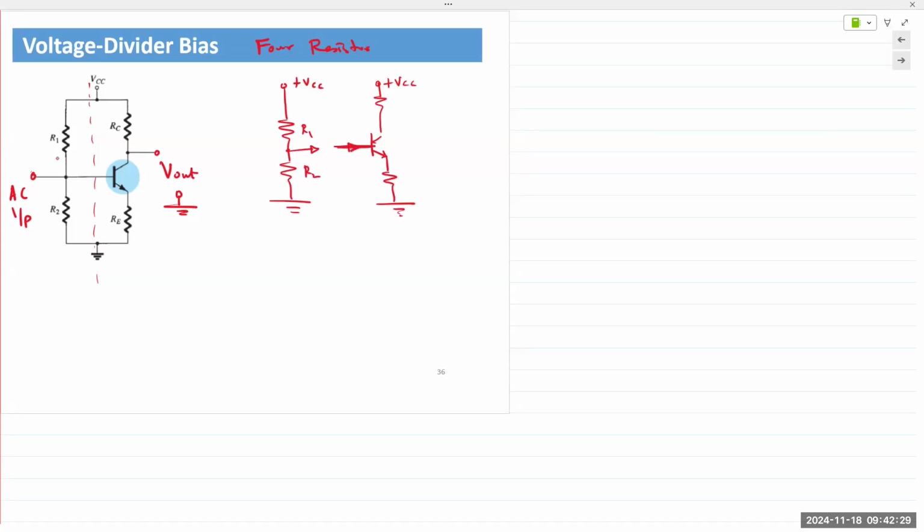Now, we are only talking about the DC voltages, right? Biasing is the external constraint placed on the device to fix the operating point. So in this case, if we analyze this, we want the circuit to look like this.